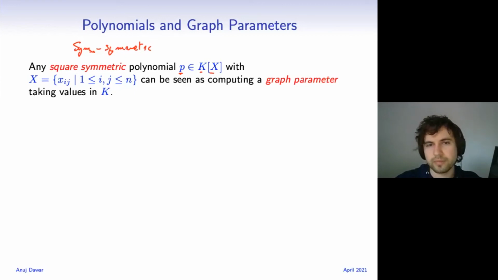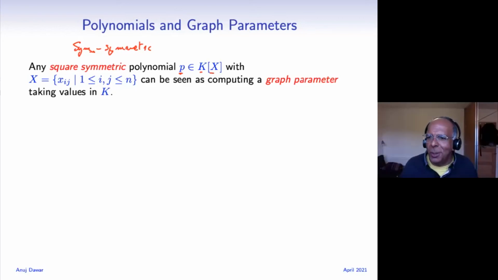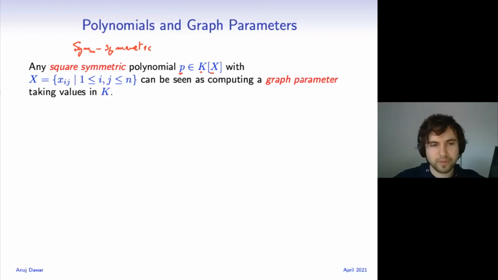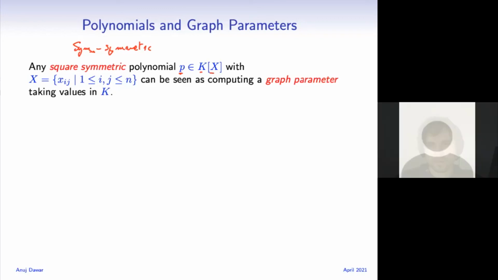I devised a hardness proof for immanants recently, and there all the reductions come from counting perfect matchings. So if you can somehow encapsulate this problem of counting perfect matchings in an immanant while preserving symmetry in the reduction, then you probably can transfer the lower bound. Okay, sounds interesting. I would like to see this when you have something to share. Yes, happy to share certainly. This idea looks very interesting.